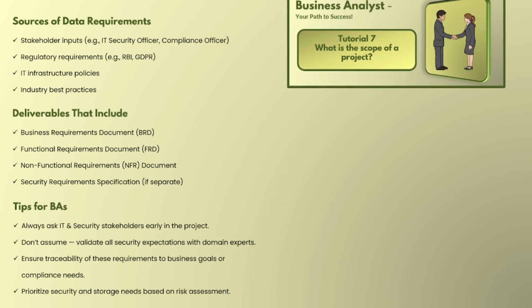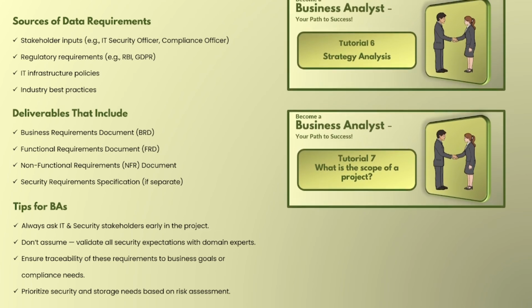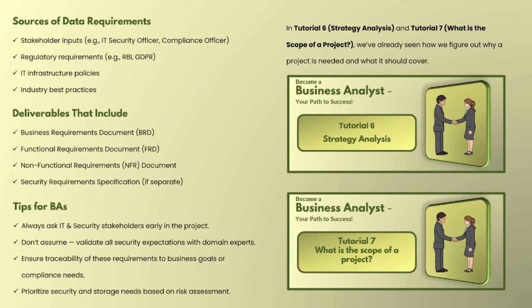Let's see the sources of data requirements. We have considered that we need to get the data requirement, but from where do we get it? We get it from stakeholder inputs: we go to the IT security officer and the compliance officer. Then regulatory requirements, like RBI, GDPR, and whatever government bodies there are.